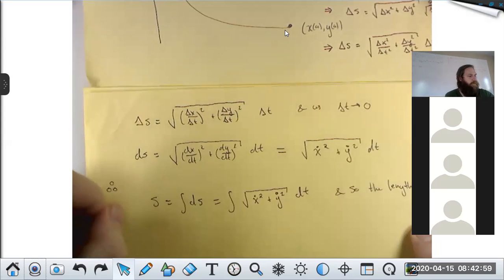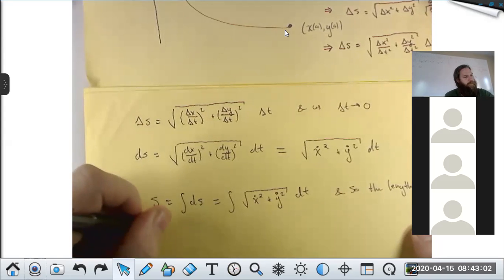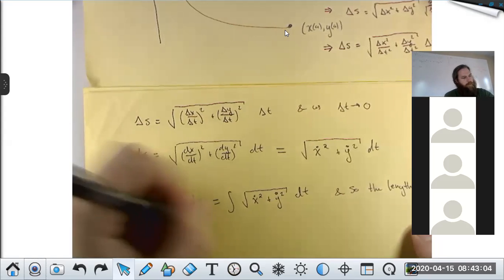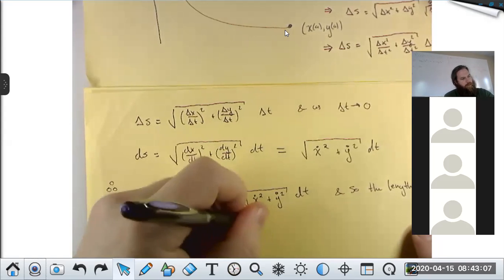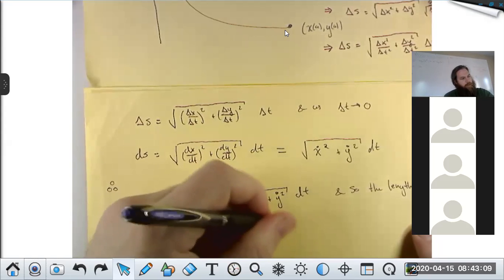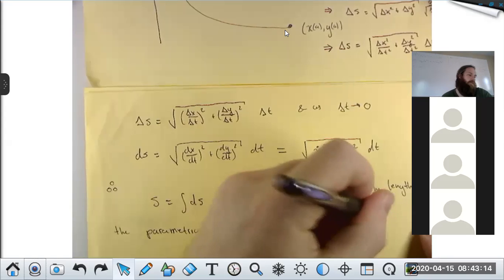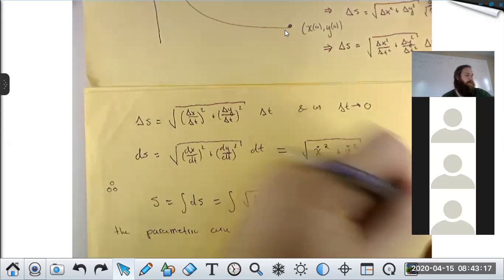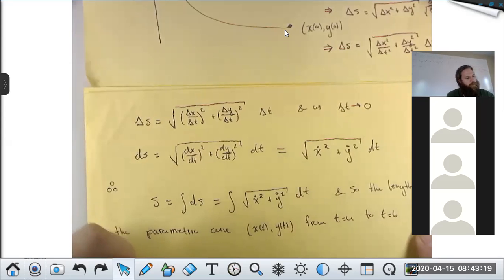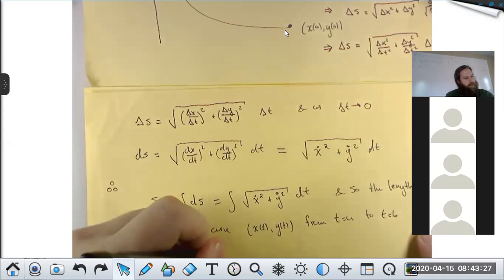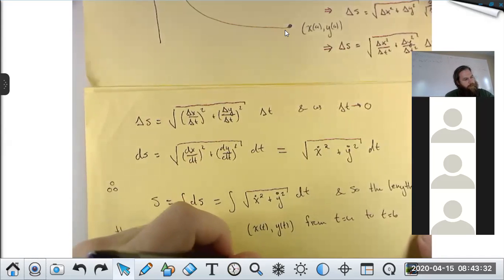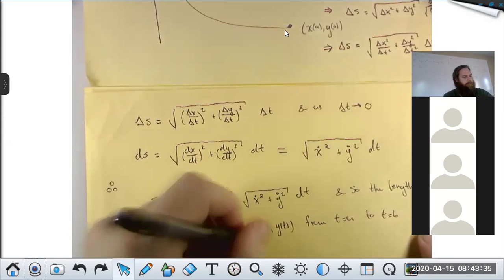And so the length of the parametric curve x of t comma y of t from t equals a to t equals b is the integral from a to b of ds, which is the integral from a to b of the square root of x dot squared plus y dot squared dt.